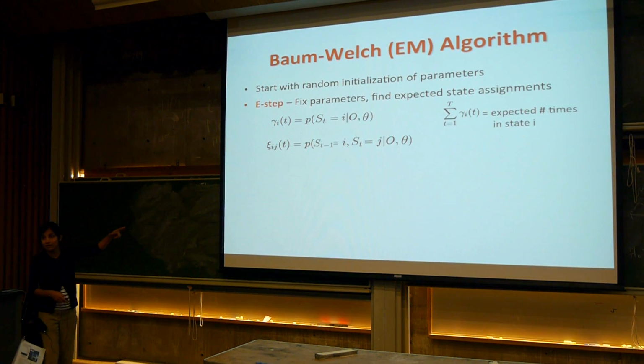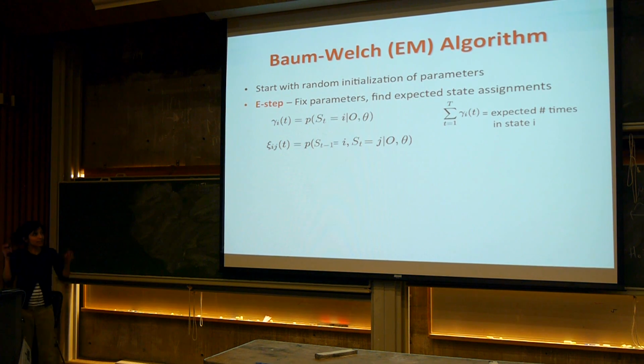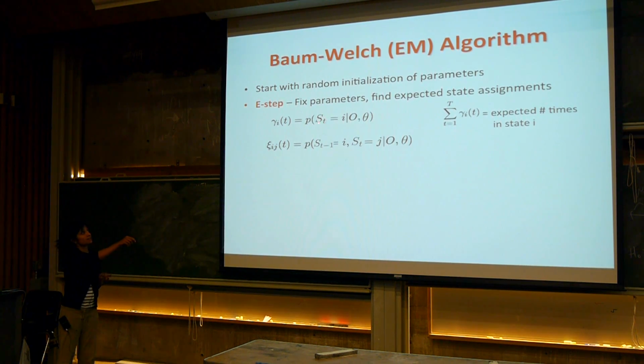The M step will depend on these few quantities that I'm just defining. If I take this value and sum it from t equal to 1 to T, that's essentially the expected number of times you visit state i. I'm computing the probability that the state at time t was i, and then summing over all such t.